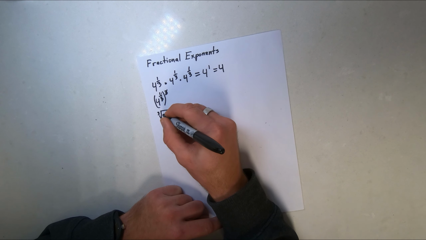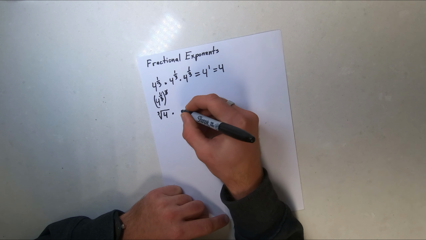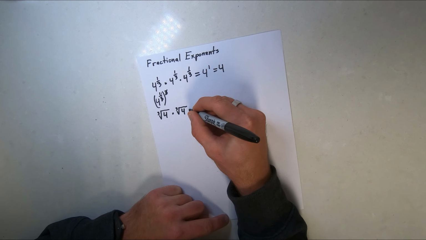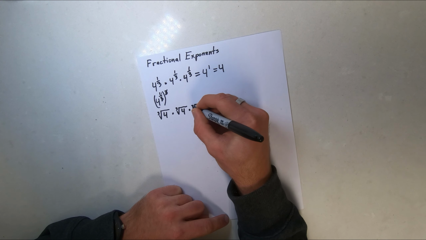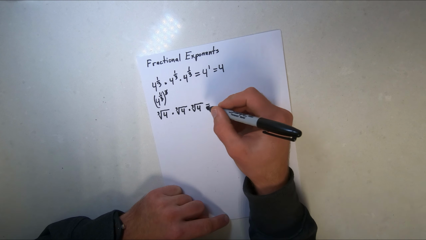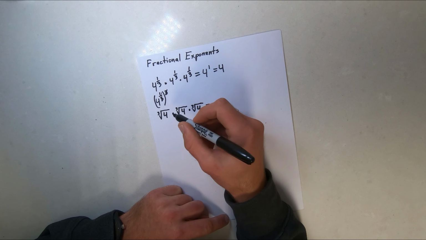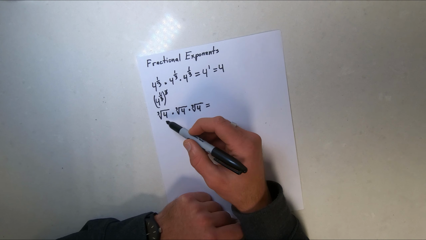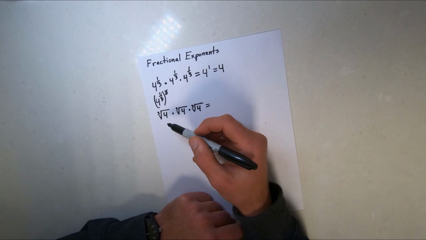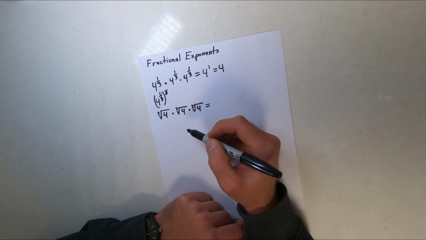The cube root of 4 multiplied by the cube root of 4 multiplied by the cube root of 4 will again just give us 4. Taking the cube root of something, then multiplying that something by itself 3 times will cancel out.